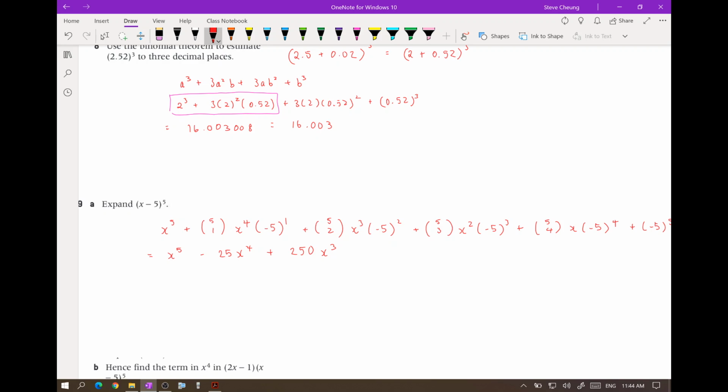And then 5 choose 3 is also the same as 5 choose 2, which is 10, and then there will be 125. 125 times 10 is 1250.